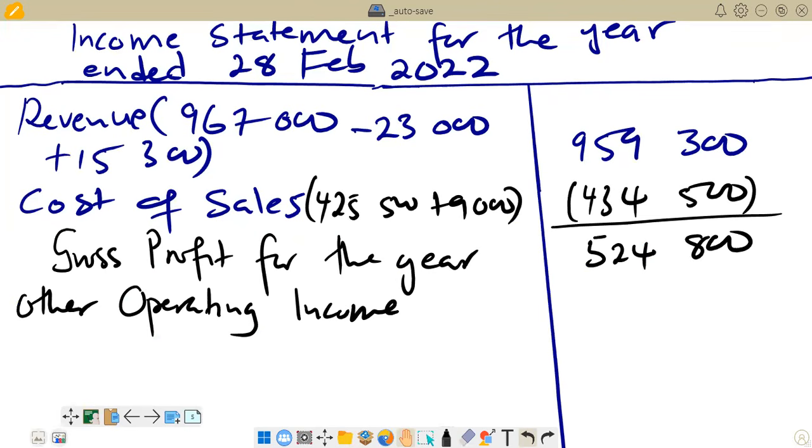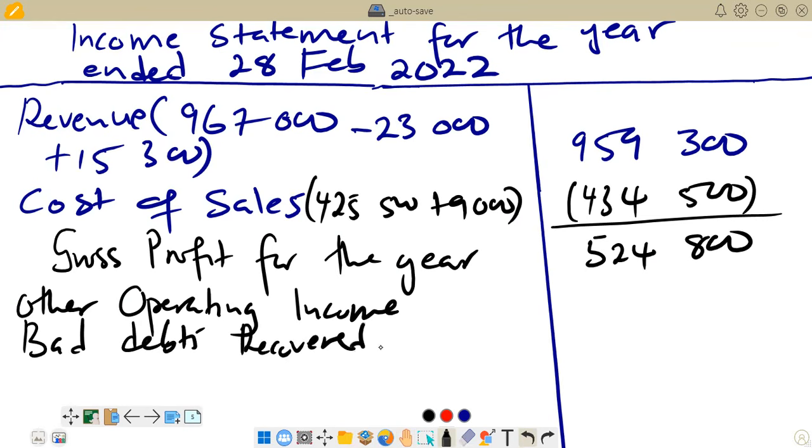Right. If you come here, we are saying bad debts recovered. Then we are supposed to just summarize the working that we have there. Remember, we are saying 2,504.